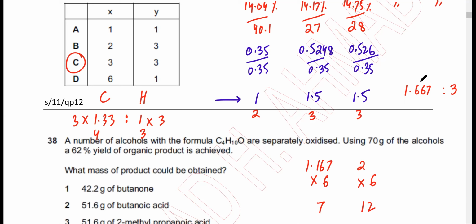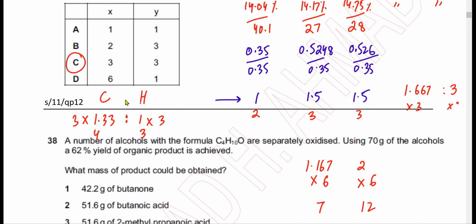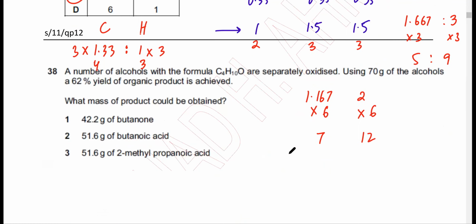You're going to multiply it by 3, because if you do that, 1.667 times 3 gives you 5. So multiply this by 3, and multiply that by 3 as well. So this is basically 5 ratio 9. So just be prepared for this. In O levels, most of the questions in empirical formulas, you mostly got whole numbers. But over here, you might not get whole numbers.